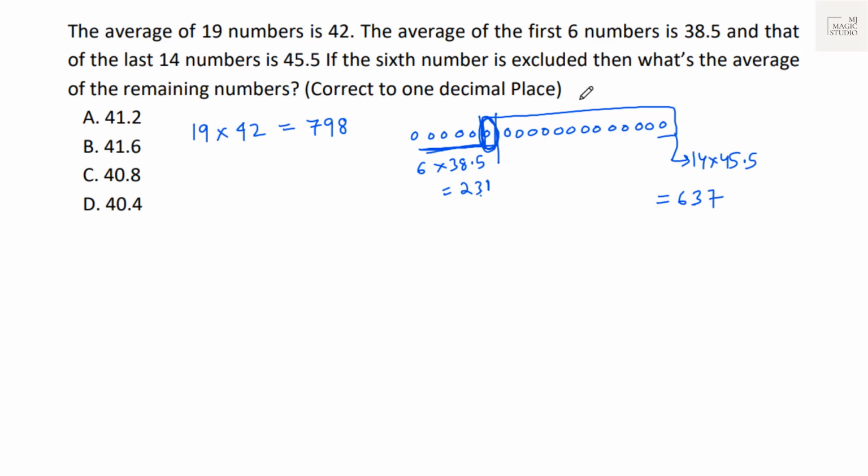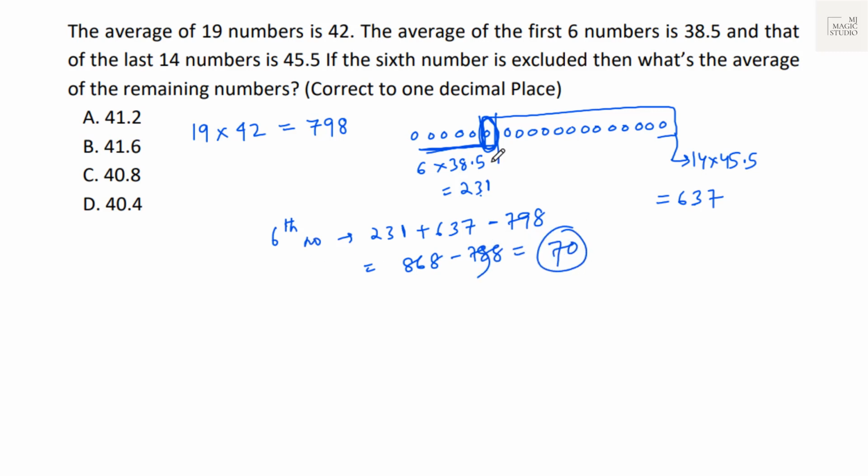So if I add these two values and deduct 798, which is the total of all 19 numbers, I'll get the value of the sixth one. So sixth number is actually 231 plus 637 minus 798. This is 868 minus 798. That is 70. So sixth number is 70.